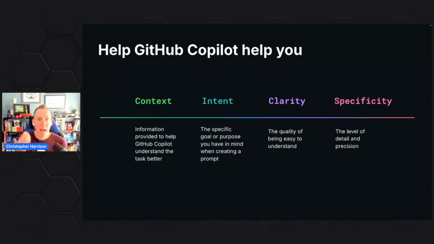And I want to keep that in mind when I am working with Copilot. That context, here's all the information. The intent: what is the goal that you're looking to achieve? And then finally, those last couple of items, clarity, making sure that whatever you're asking Copilot to do, your code is easy to understand.